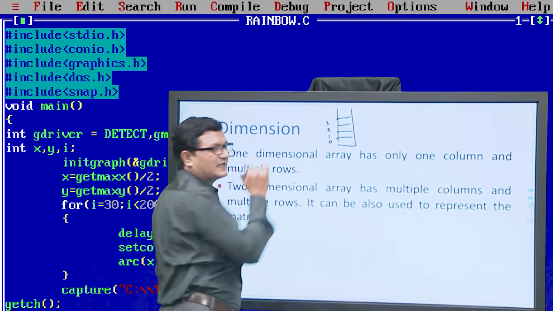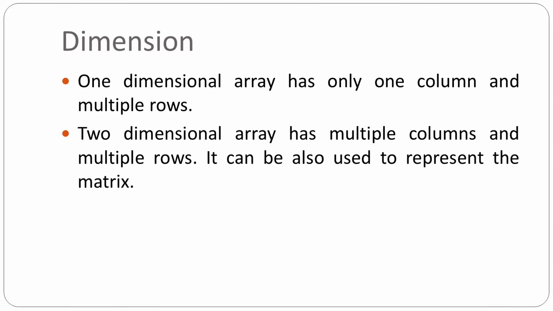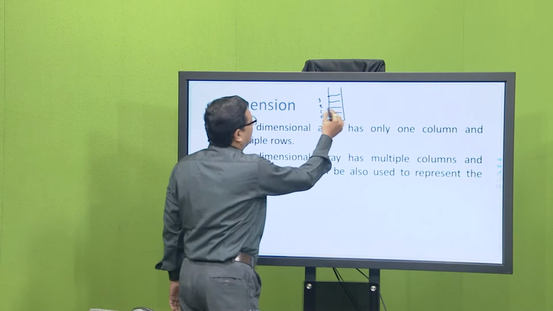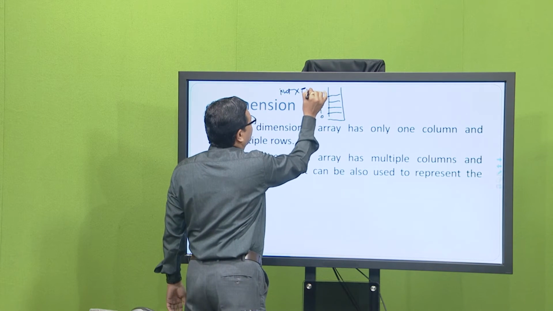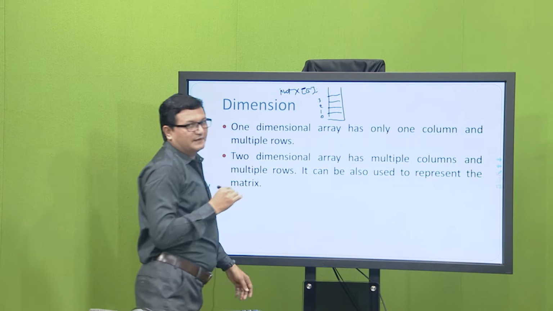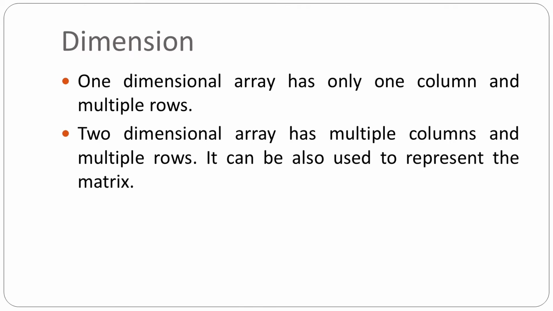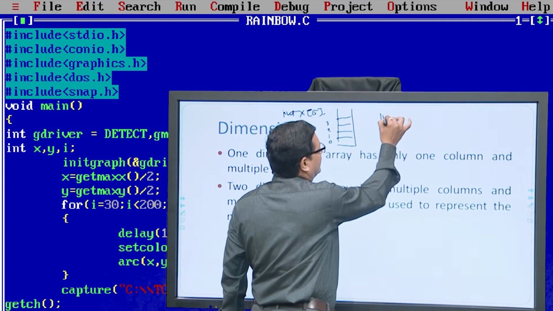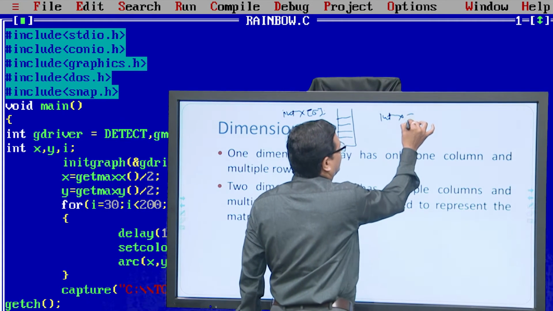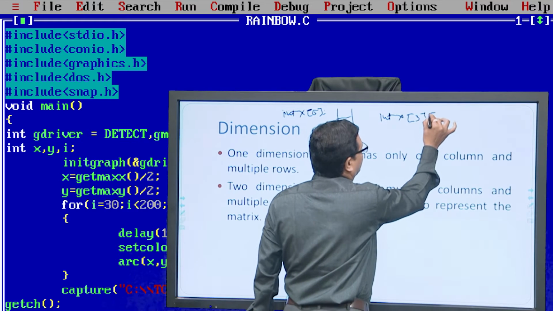There are a number of rows, but we have only one column. So if you declare int x[5], this will be your single-dimensional array. But suppose you want to store a matrix, and you declare something like int x[3][3].